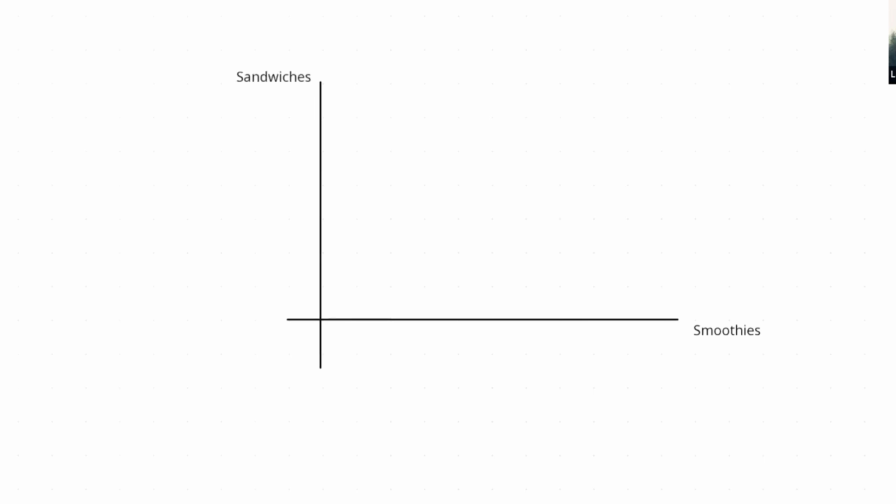We're going to have a production possibilities frontier that connects between the two axes. So let's say that if we only make sandwiches, we can make 250 sandwiches. If we only make smoothies, we can make 750 smoothies.